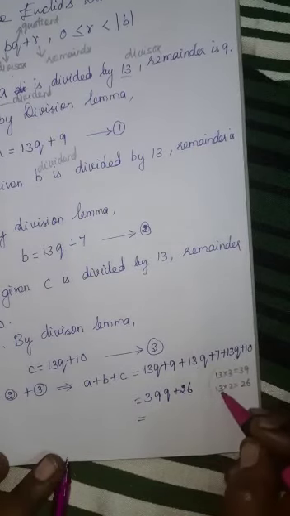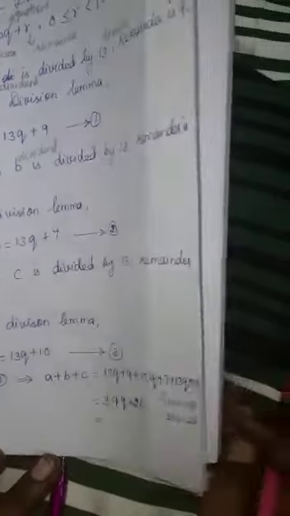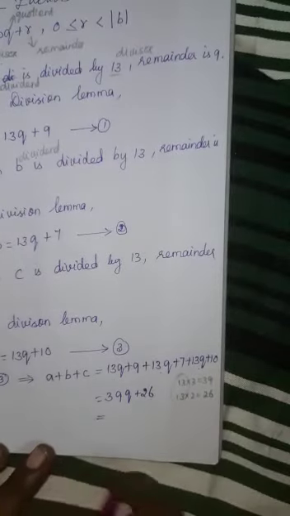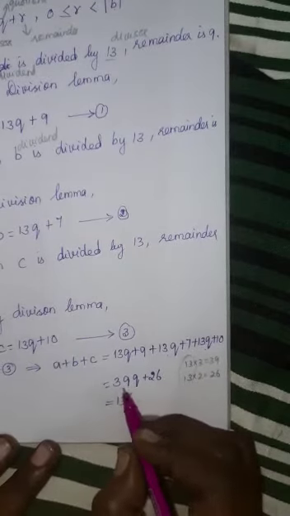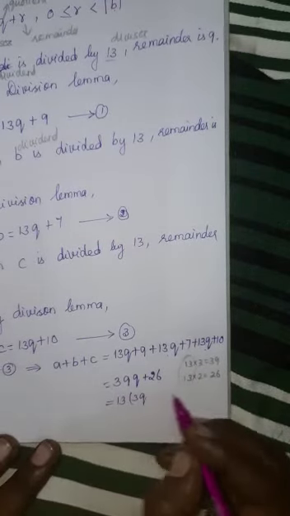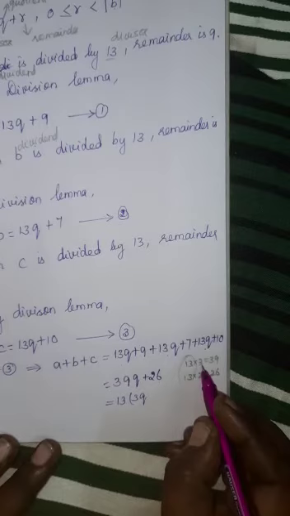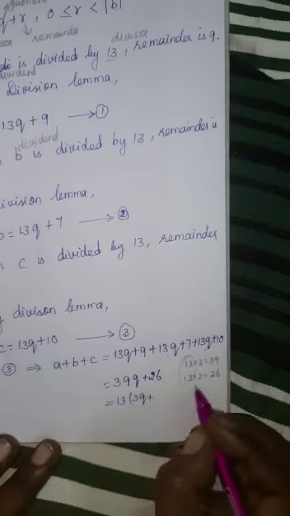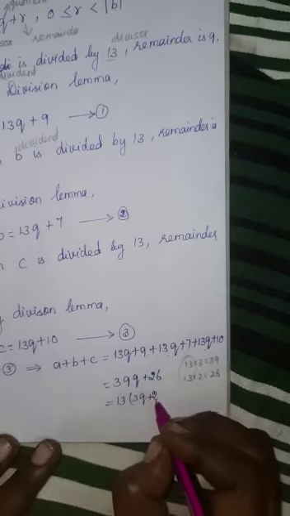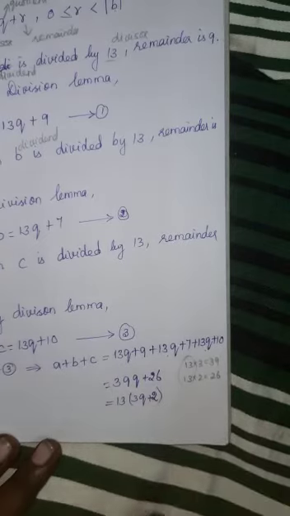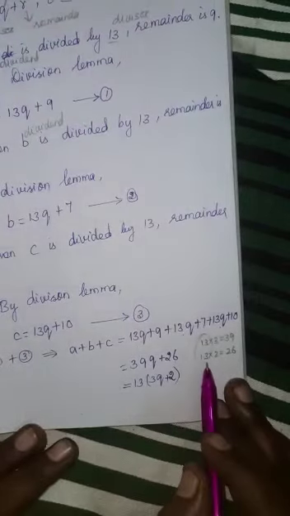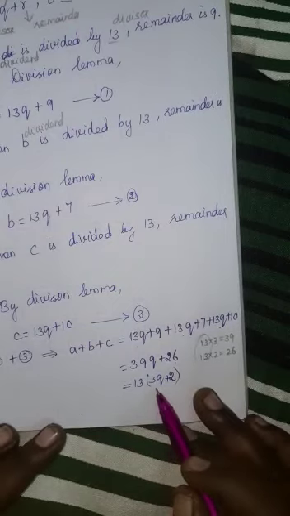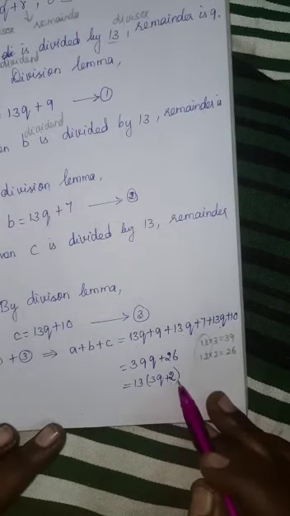So in these two terms, we can take 13 commonly outside. When you take 13 outside, you will get 3q from the first term and 2 from the second term. So you will get 13 into 3q plus 2.